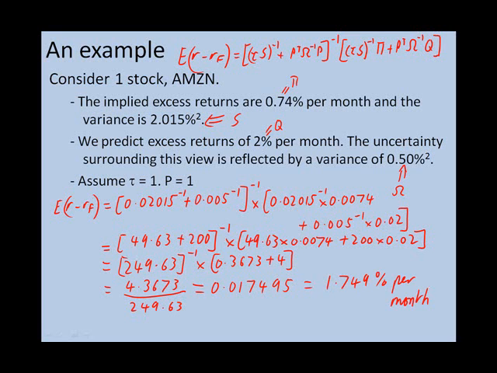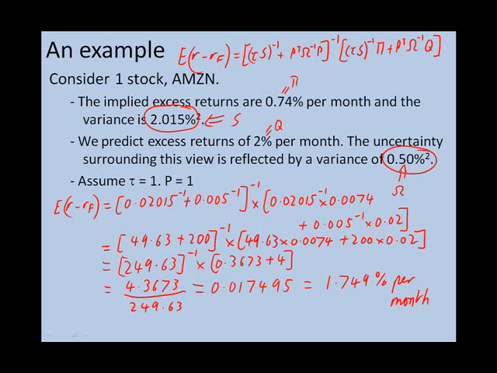Does this estimate make sense? Is it consistent with our intuition? The implied excess returns are 0.74% per month, and the variance or the uncertainty surrounding that is 2% squared. Our own views are that the excess returns will be 2% per month, and the uncertainty surrounding that is just 0.5% squared. So we are much more confident about our views relative to the market.